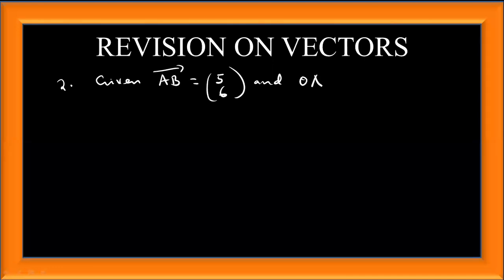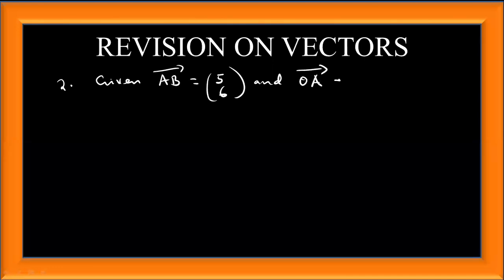Now, question two. They can choose to give you a combined vector. They can choose to give you vector AB. They tell you vector AB is equal to, can I say (5, 6)? And they give you another vector, for example, OA.